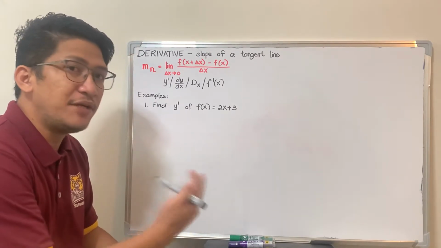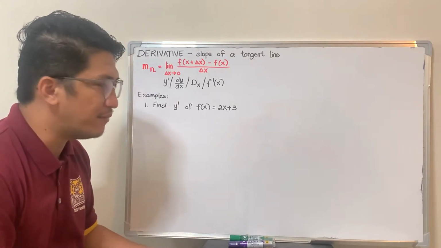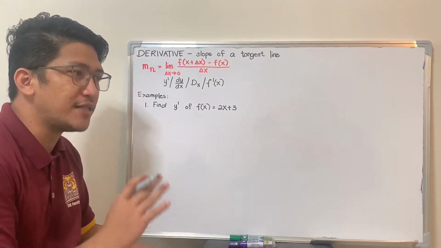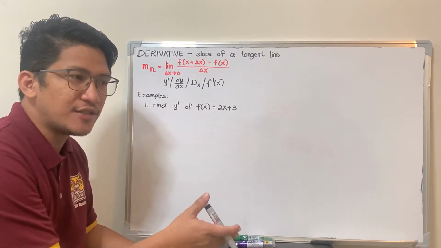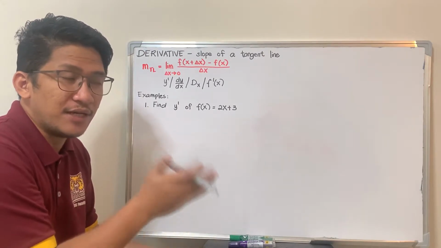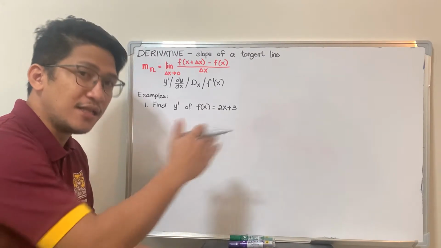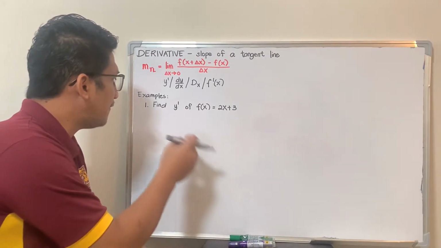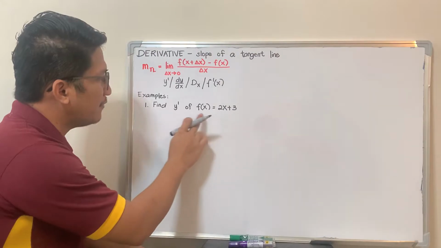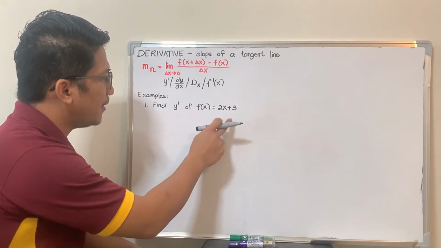Even me, I forgot at first and said derive, but the correct term is differentiate the function. Okay, so find the derivative, or find y prime of the function f of x equals 2x plus 3.